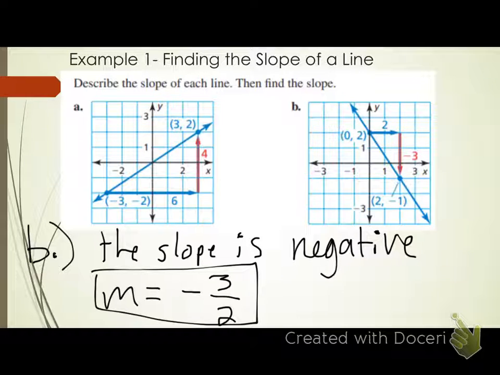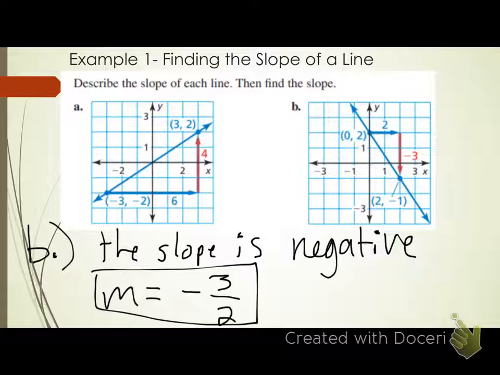Draw your triangle, get the height for the rise, get the run or the width for the run, and then ask yourself what slope dude says on it and get the correct sign. Or you could do I'm going up 3, left 2, so that'd be negative 3 halves. Or I'm going down 3 and right 2, so that'd be a negative 3 over 2.